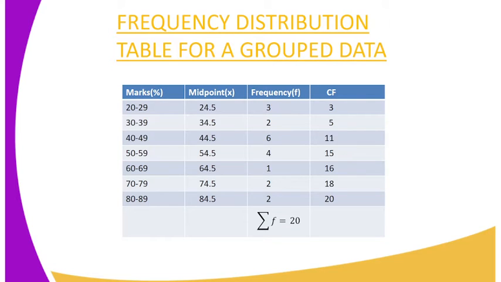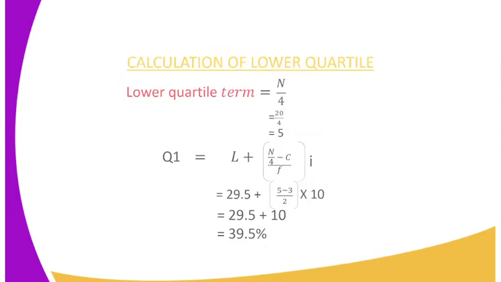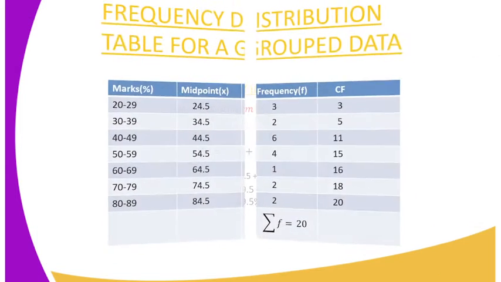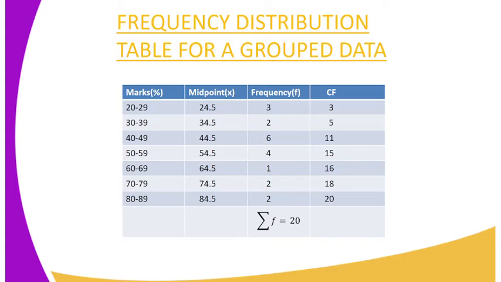I'm going to introduce another formula. You are supposed to calculate the lower quartile term, which is calculated by capital N divided by 4. Capital N stands for summation of frequency, or the total frequency, and as far as that table was concerned, the summation of all the frequency is supposed to be 20.